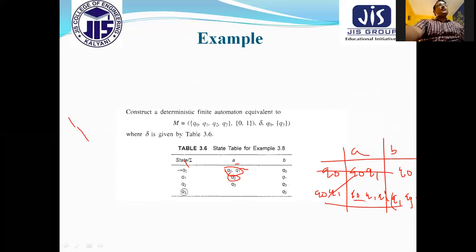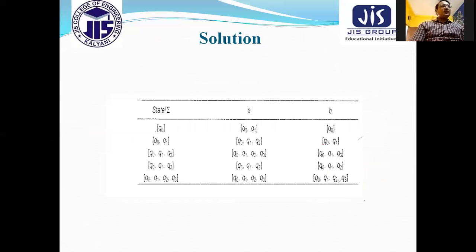Again, you have to go for the combination of these things. After that, if you take the union, this will become this. So this is a simple process: from the transition table, take the union of these two and calculate the value there. Okay, so we can get the result in this way.